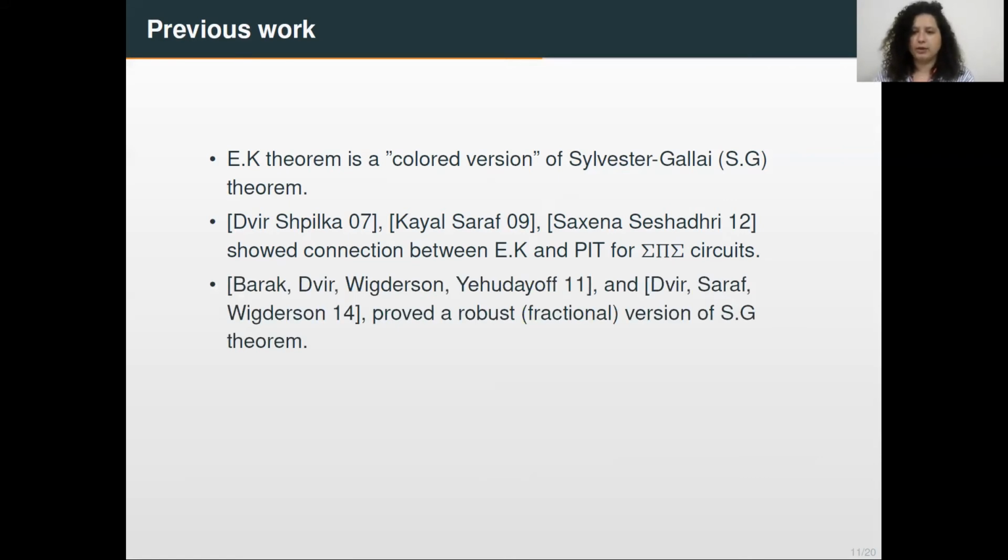Barak, Dvir, Wigderson, and Yehudayoff, and later Dvir, Saraf, and Wigderson proved a robust or fractional version of the Sylvester-Gallai theorem. In this result, they prove that if you have a set of points such that for every point there is a delta fraction of the other points such that the line that goes through this point intersects the set in a third point, then the dimension of the points is at most some function of 1 over delta.